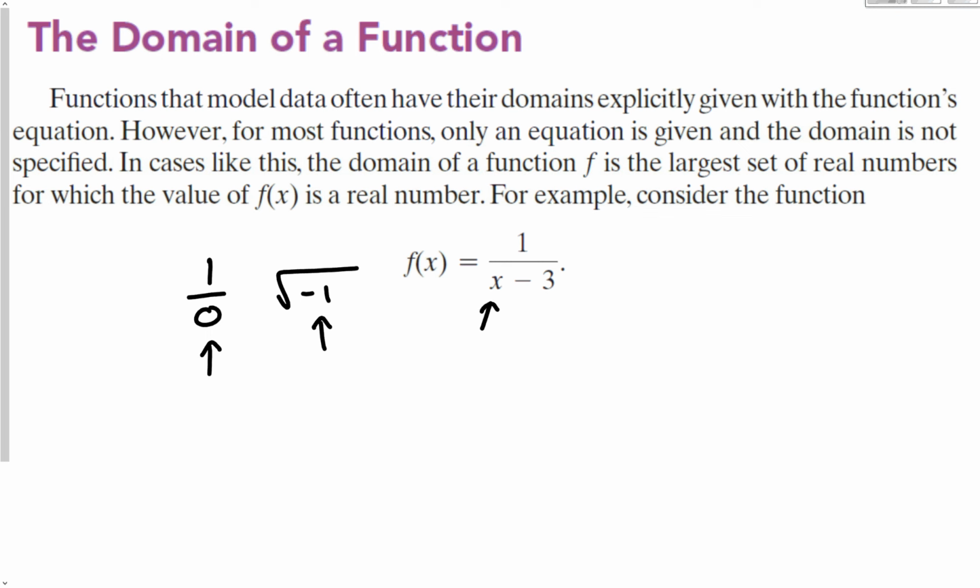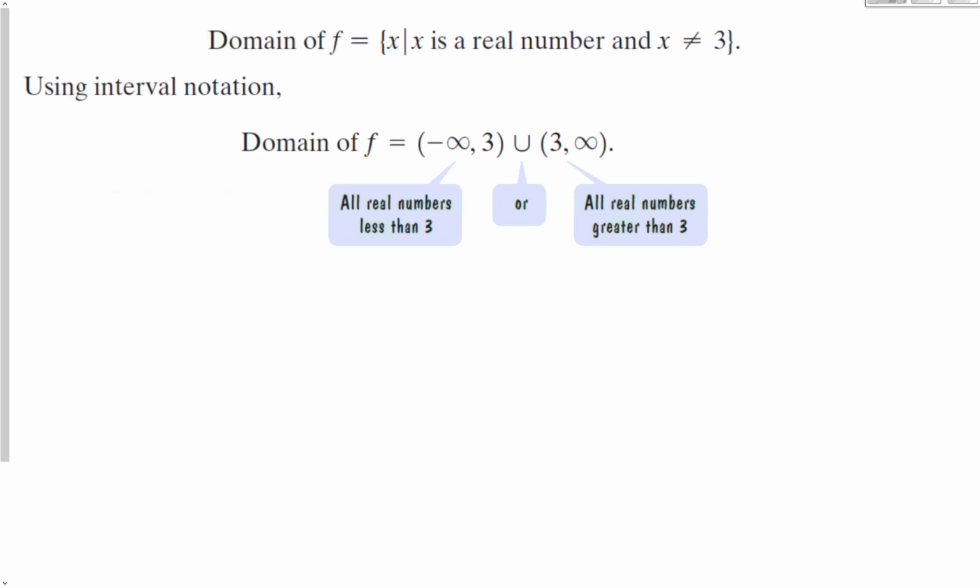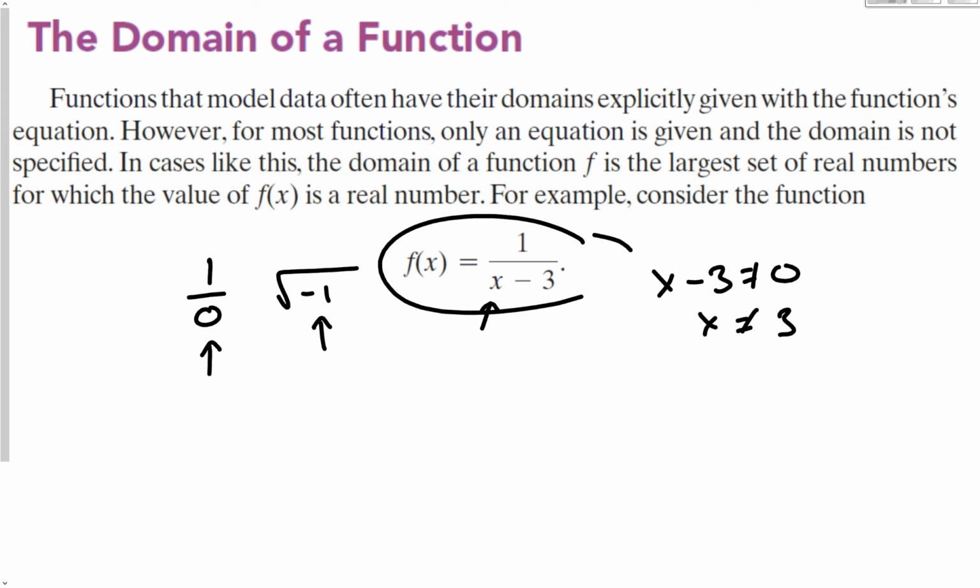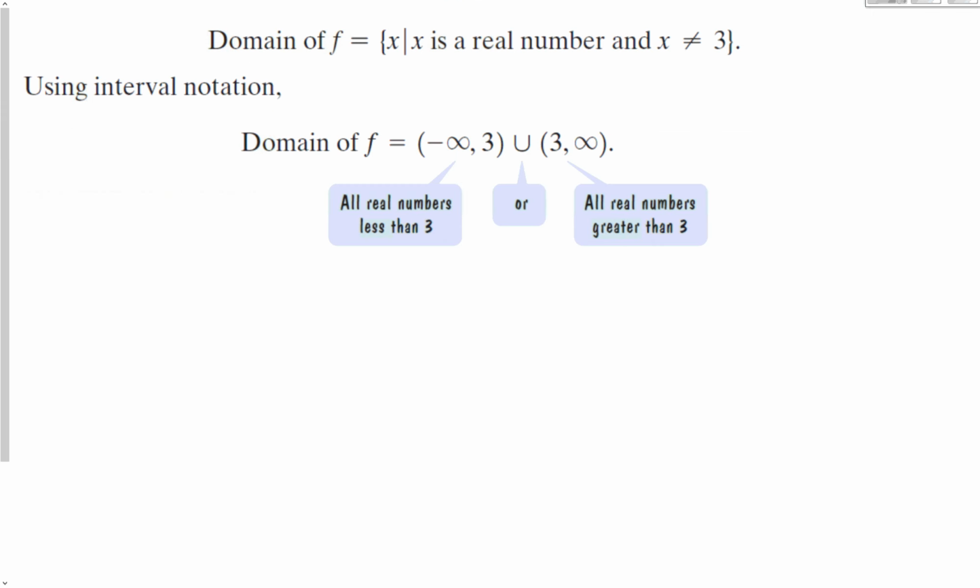There is one number that I can plug into x that would make the denominator equal to 0, and that is, of course, 3. We can show that by saying that I do not want x minus 3 to be equal to 0, so x cannot be equal to 3. That's what this says right here. So the domain of f, in this case, is x such that x is a real number and x is not equal to 3.